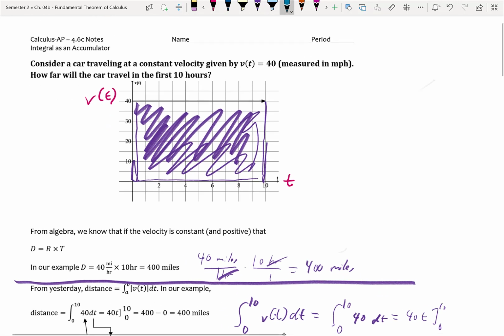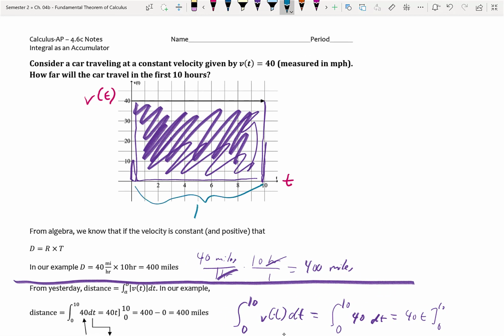Its units should match: 10 hours, 40 miles per hour. If I take the length of that rectangle times the width of that rectangle, I get the same thing that I would right here. You see how this is nicely working out? The height of the rectangle is in miles per hour, the width is in hours, and if I multiply them, those boxes represent 40 miles.